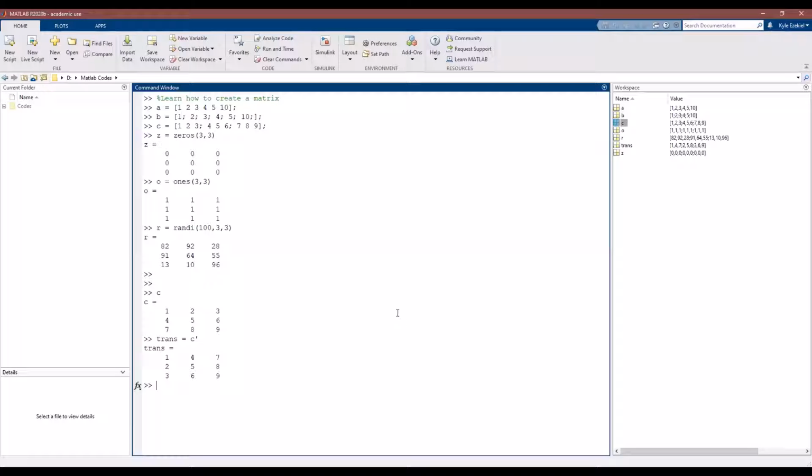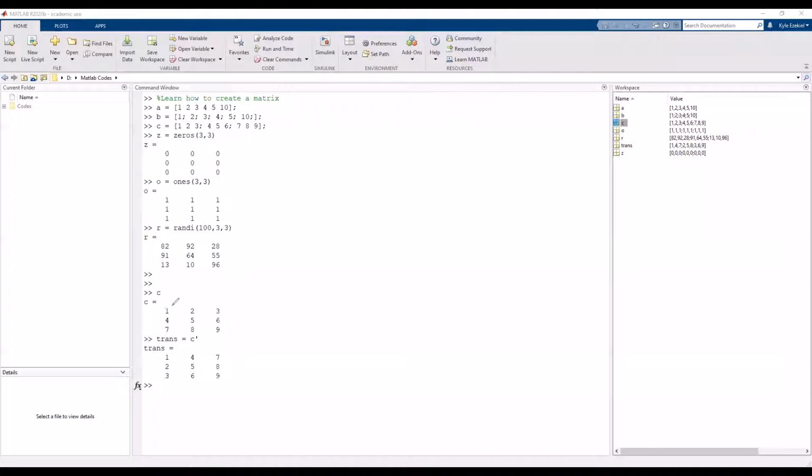There we go, we have transposed the values. If you know linear algebra, you know what will happen to these numbers. The numbers on the diagonal will remain the same, and what will shift are the numbers 2 to 4, then 3 to 7, then 8 to 6.